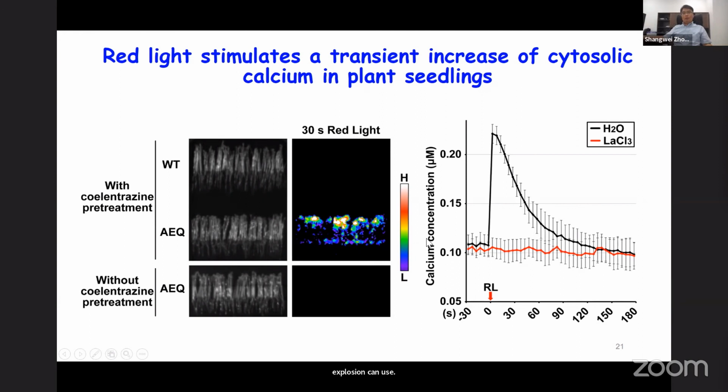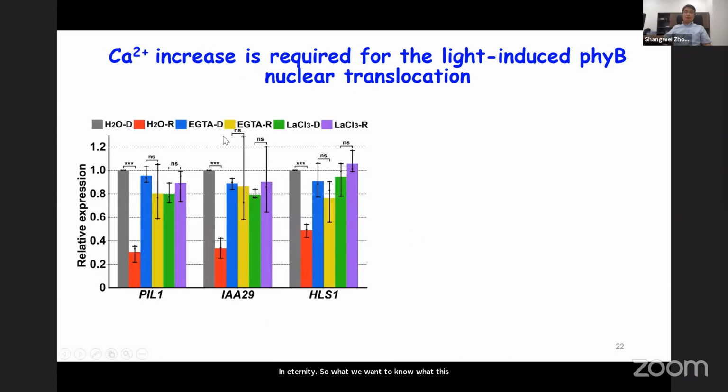So we want to know whether this calcium signal is functionally relevant. So we used chemical treatments to repress this calcium increase. And we found that with chemical treatments, light regulated gene expression will be repressed.